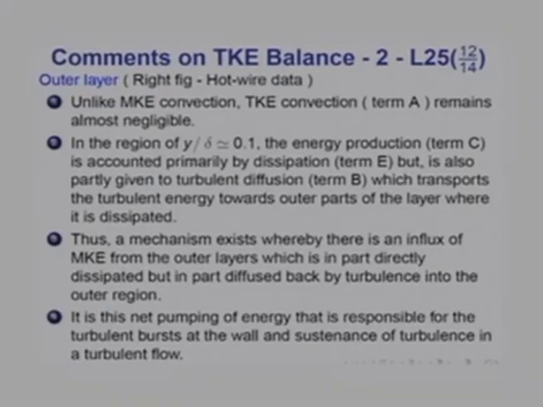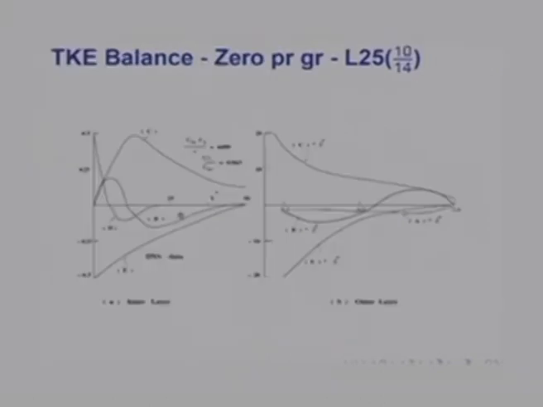Term A seems to make very little contribution, in comparison to other terms, to the energy balance. In the region of y by delta equal to 0.1, the energy production term C is accounted for primarily by dissipation of energy, but is also partly given to the turbulent diffusion term B, which transfers the turbulent energy towards outer parts of the layer where it is dissipated. What is meant here is that this is a positive term, no doubt.